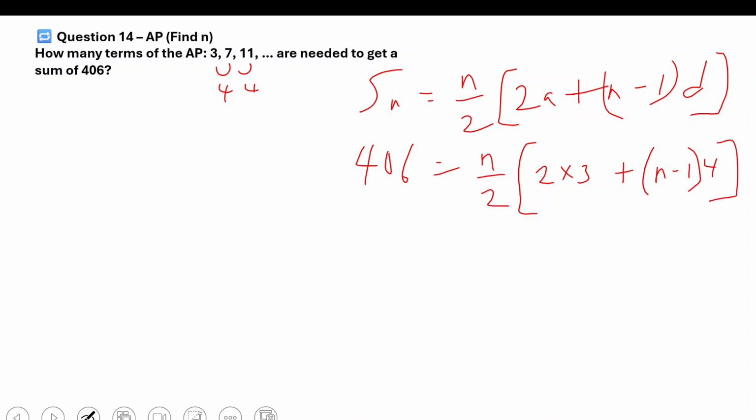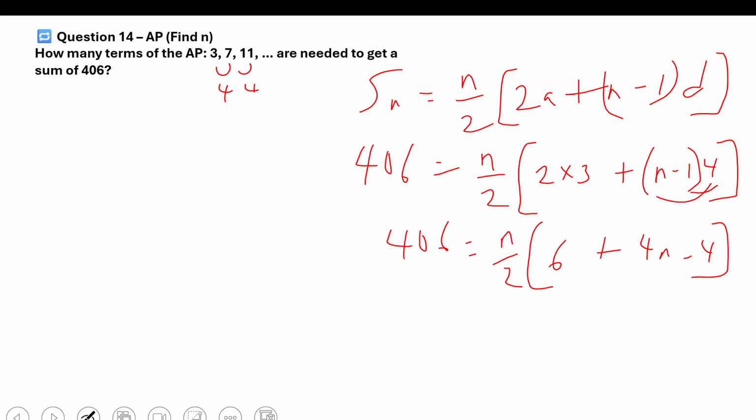So this will give us a quadratic equation, definitely, because I'm going to be getting a square for n. So n over 2, open brackets, 2 times 3 is 6, plus 4 times n is 4n, and 4 times minus 1 is minus 4, right?